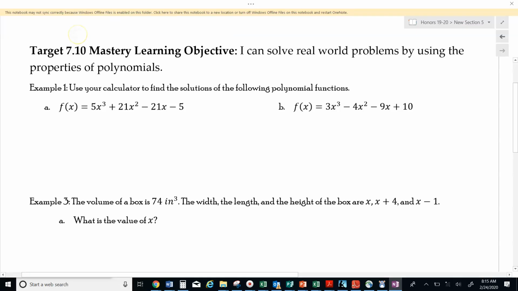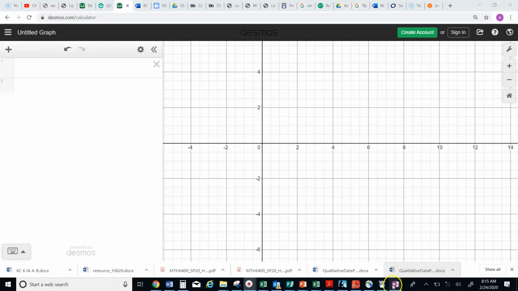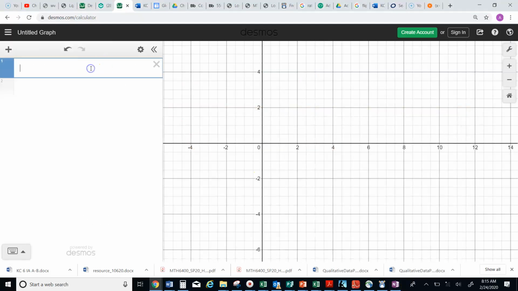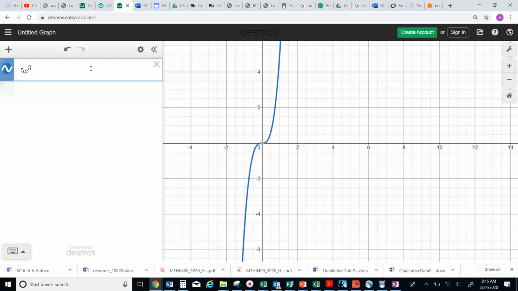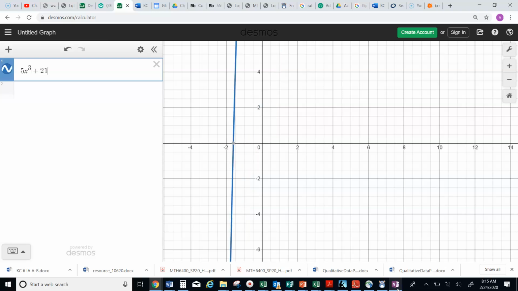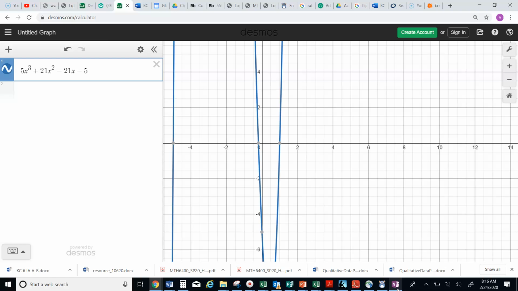Solutions are the same things as x-intercepts. So I'm going to go to Desmos, and we will type in this function: 5x cubed plus 21x squared minus 21x minus 5.